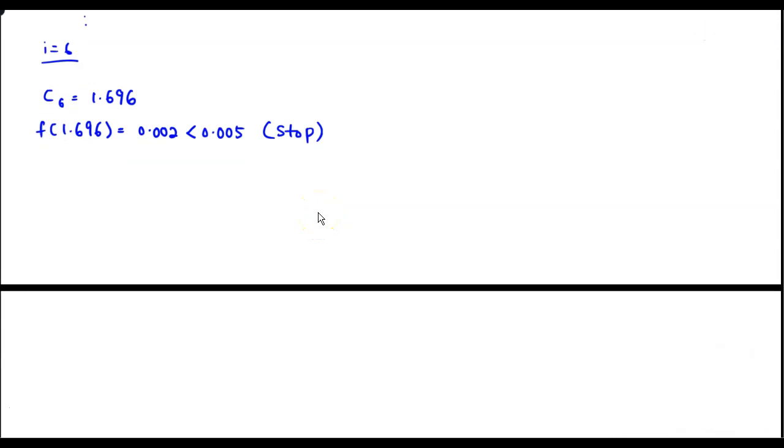So at the end, don't forget to write down your conclusion, to write down your root, because our aim is actually to get the value of x, which is our root that satisfies our equation.